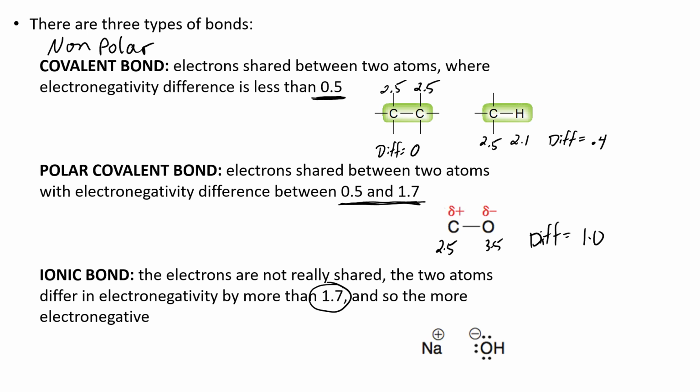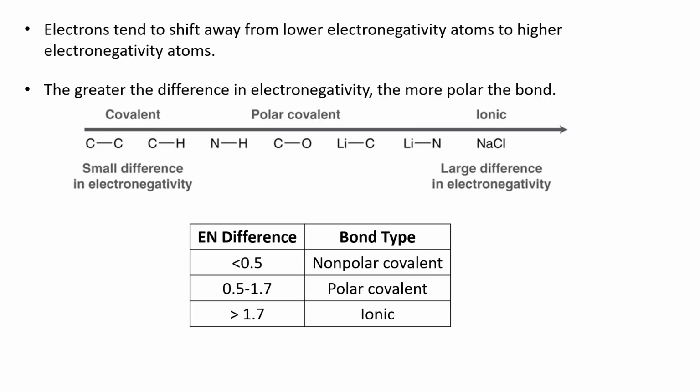When one of the atoms has such a strong pull, like oxygen, it pulls the electron from the atom that has a lower electronegativity, in this case, sodium. So electrons tend to shift away from the lower electronegativity atom. Remember, the definition of electronegativity is the ability to attract an electron, or how strongly an atom attracts electrons. So more electronegative atoms have a stronger pull.